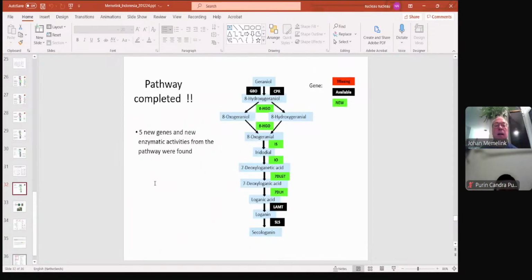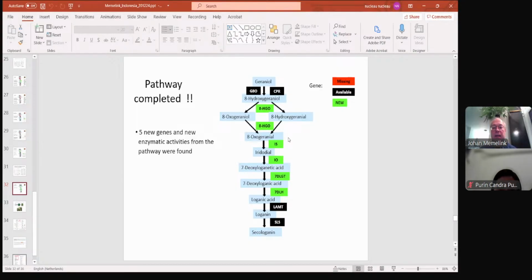Okay, so that means that after all this work, the enzymatic work was done in Leiden and in Strasbourg in France, we have all the missing enzymes in the pathway. It turns out that we have 5 new enzymes, so genes for enzymes, and that we now have the complete pathway in principle on paper.